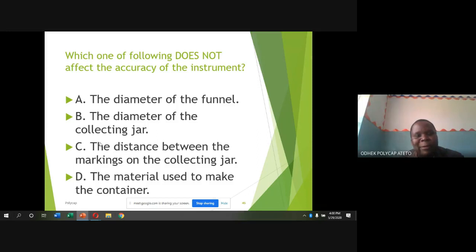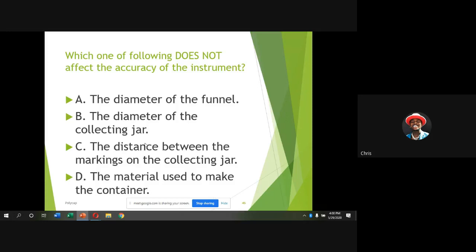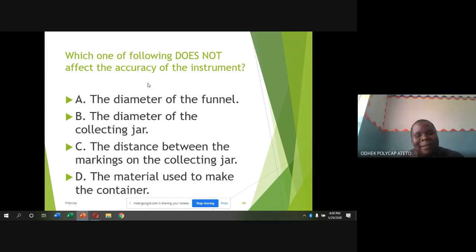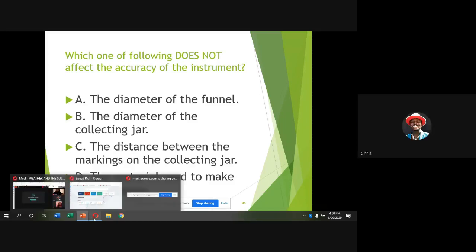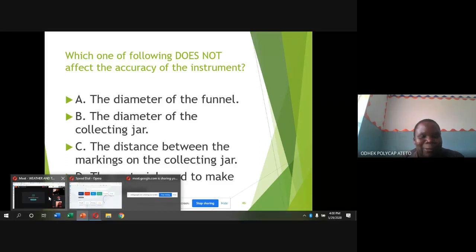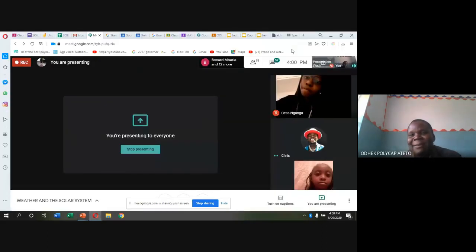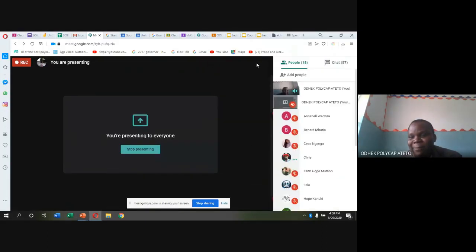How will the diameter of the collecting jar affect? How will the distance between the markings of the collecting jar affect? It will measure wrong. Yeah, you'll measure wrongly. Thank you very much. So thank you for trying. I like that kind of trial.